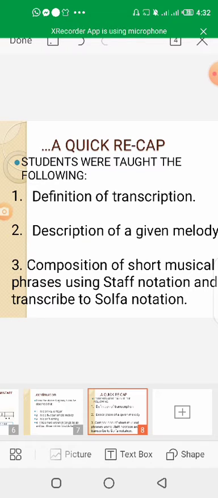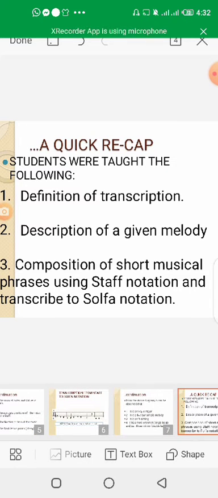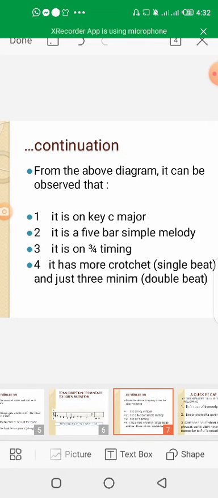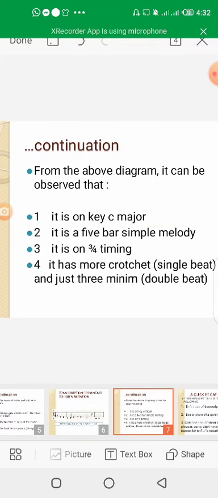Secondly, you were taught how to describe a given melody. This is the given melody. Now you're taught how to describe it.